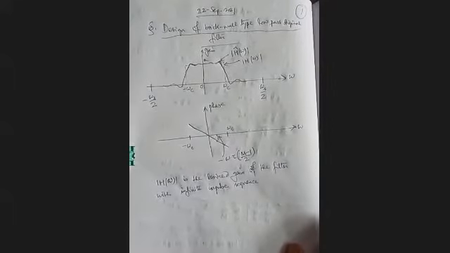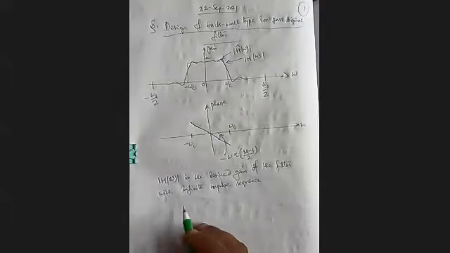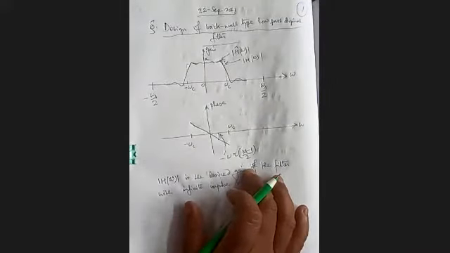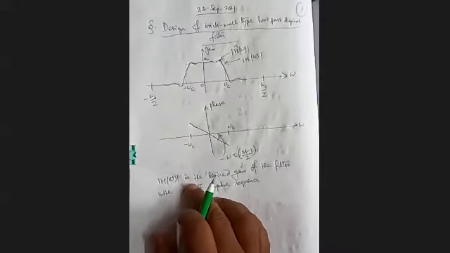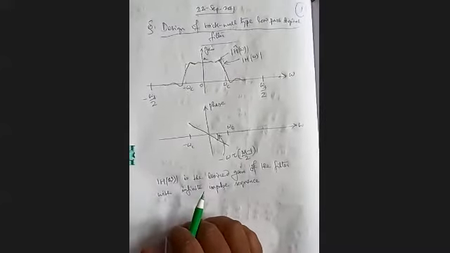And we know sinc function extends from minus infinity to plus infinity. So Hn will be of infinite duration sequence, infinite impulse sequence, Hn. But obviously we cannot implement this Hn in reality because of its infinite duration.